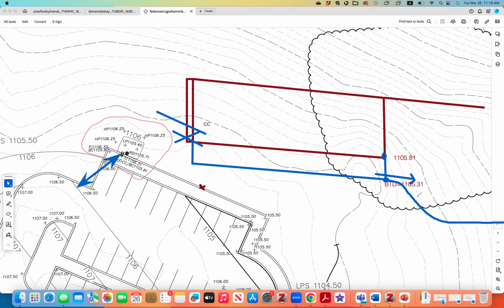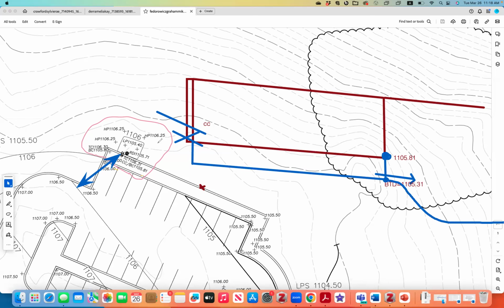Otherwise, let's see. Your bottom is, make sure you are under 1 foot deep, okay? And then your HP only needs to be, half foot higher than the curb cut. Okay, so that's 1105.81.